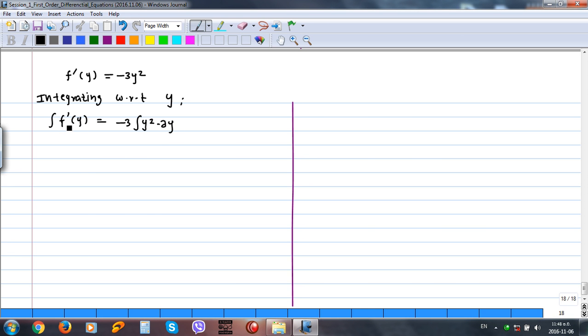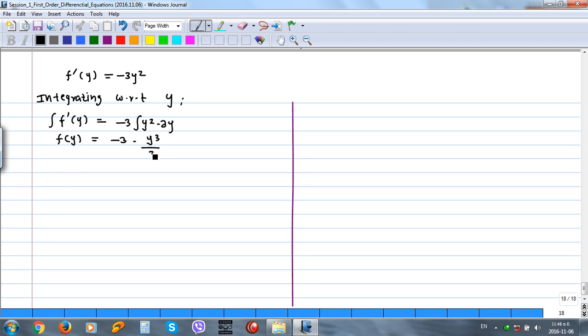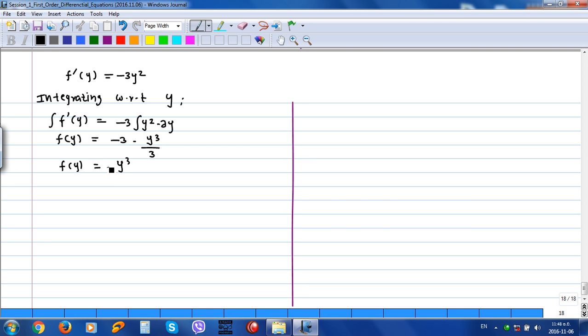If you integrate f'(y), we get f(y) = −3 times y³/3. Then the 3 cancels, so f(y) = −y³.